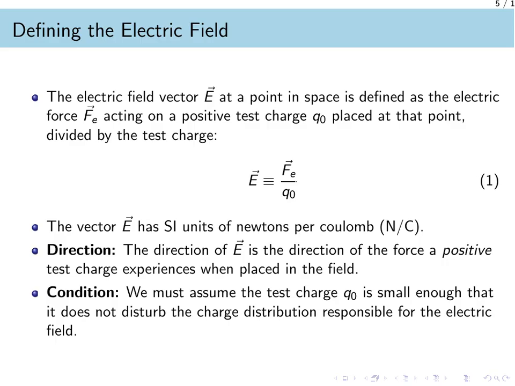The direction of the electric field vector is defined as the direction of the force that a positive test charge would experience if placed in that field. Note an important condition. The test charge must be small enough so that it does not disturb the original charge distribution responsible for creating the electric field.